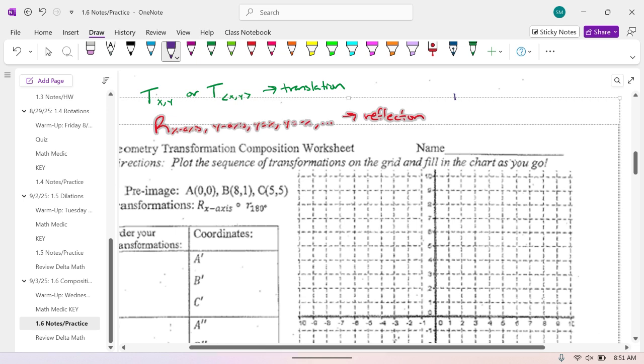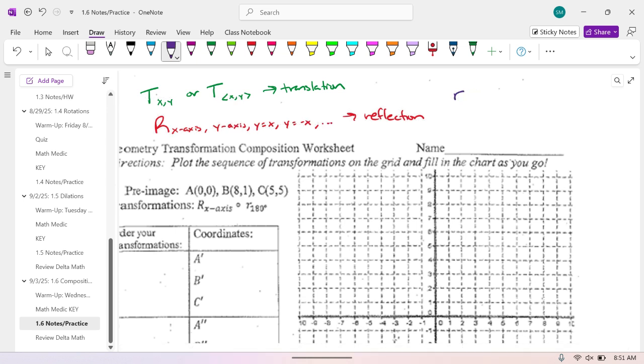And then little r. Now, with little r, that's rotations. But if you see little r 90, that means rotation 90 degrees counterclockwise.